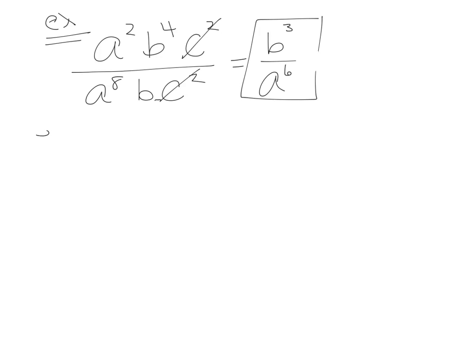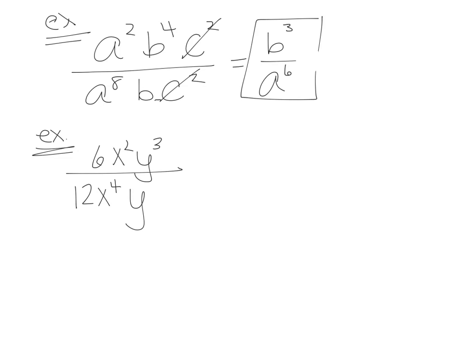So now what happens if I have coefficients? What happens if I have 6x squared y cubed over 12x to the 4th y? Well, when we had coefficients when we were multiplying, what did we do before? We multiplied our coefficients. So when we have coefficients when we're dividing, we just simplify. And if you don't want to simplify in your head, your calculator has this fabulous tool that does it for you.